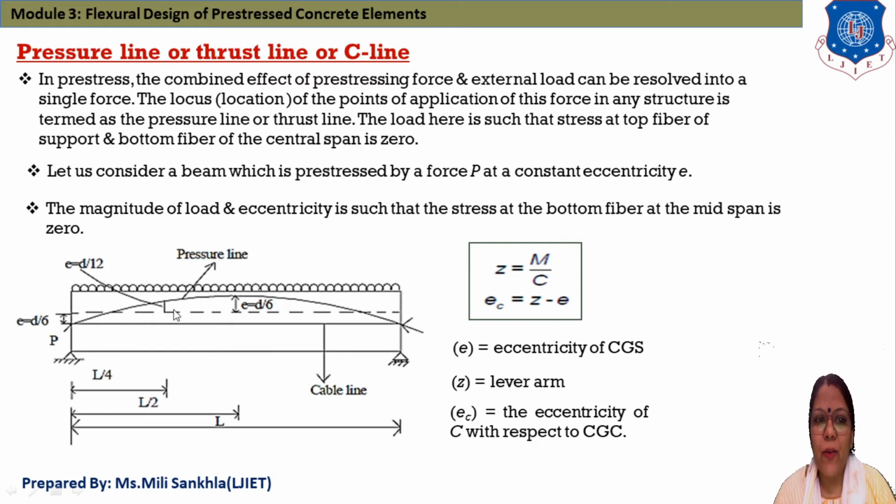This one is positive and this one is negative because this one is the CGC level, and below CGC eccentricity is positive, and from this point eccentricity is negative. Now one by one we find out how this eccentricity e is positive and negative from this figure.